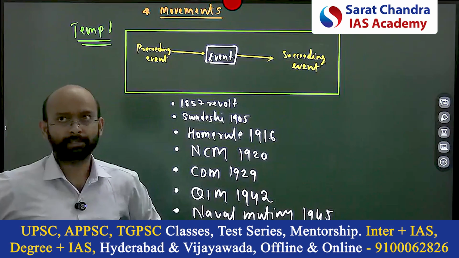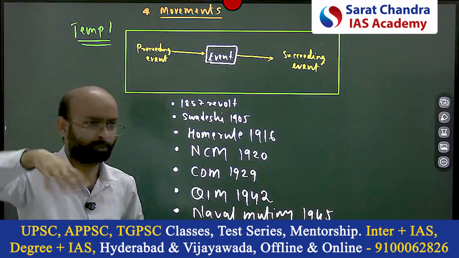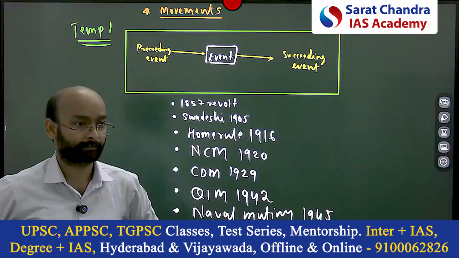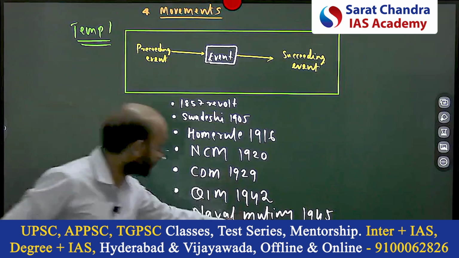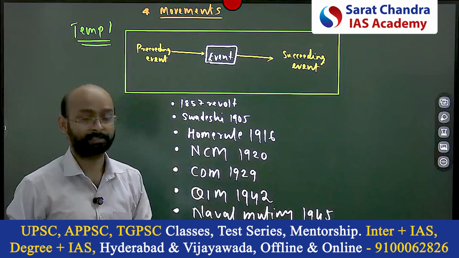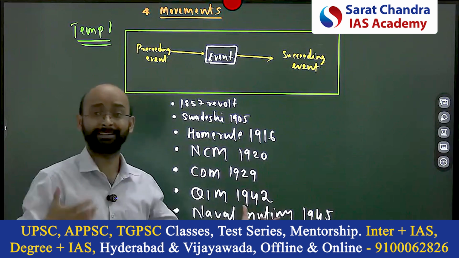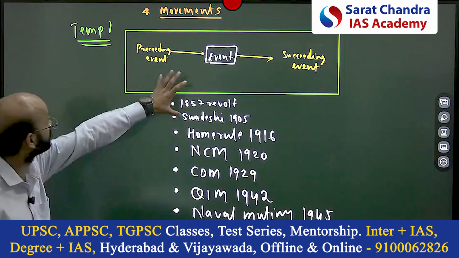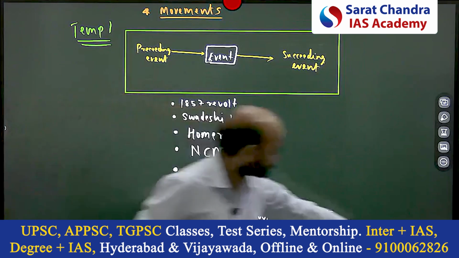I think in Mumbai, a naval force revolted against the British Navy. We call this a mutiny because when it is done by the army or the naval forces, they revolted against their own masters. So this is the first thing.